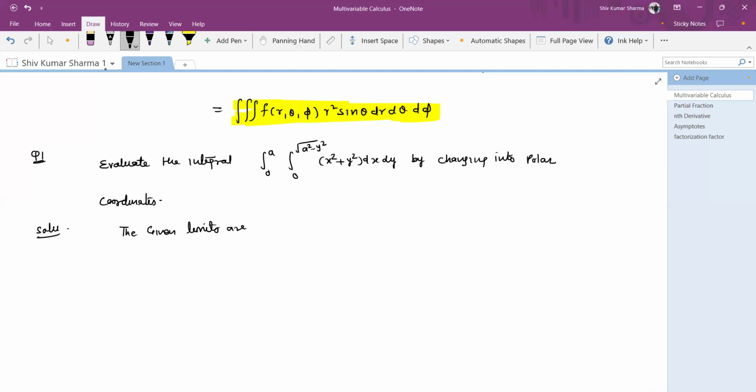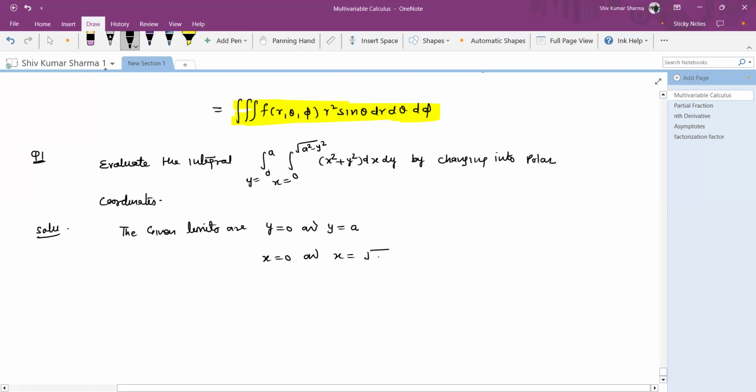So this limit is for y and this limit is for x. That means y equal to 0 and y equal to a, and x is equal to 0 and x is equal to root a square minus y square.